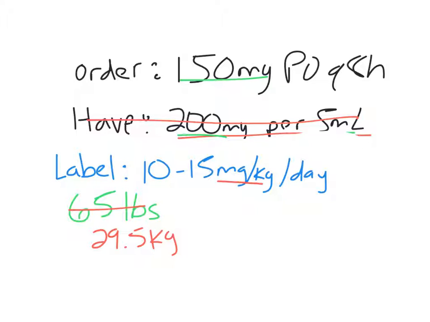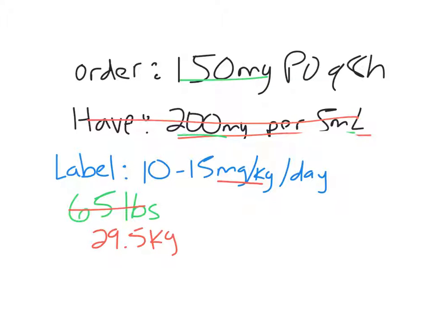Now I have to determine this patient's safe range. This says that on the low end, according to this label, a patient can take 10 milligrams per each of those kilograms. So for a 29.5 kilogram patient, that's 29.5 times 10.